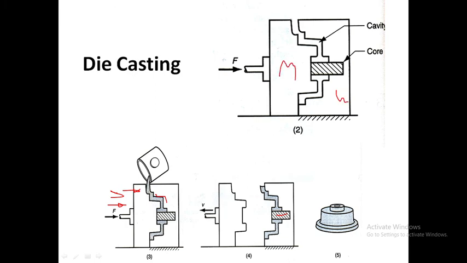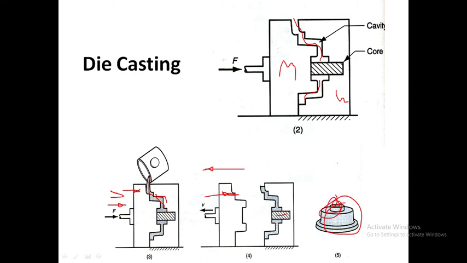In this mold the cavity is formed, here you can see. In this cavity the molten metal is poured, and this is kept under high pressure. When it solidifies, the high pressure is removed, and we get the desired shape.